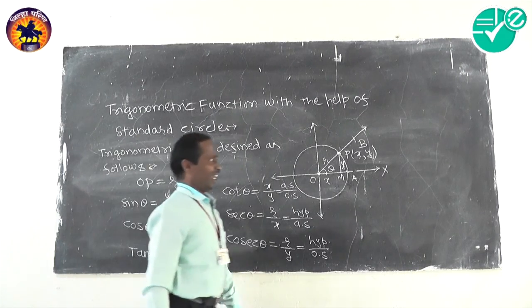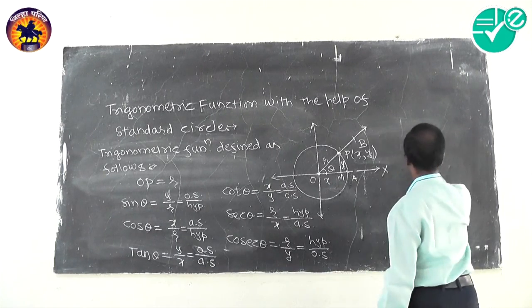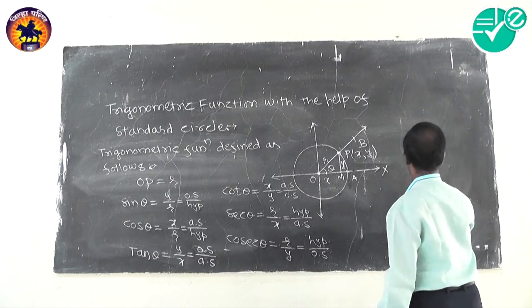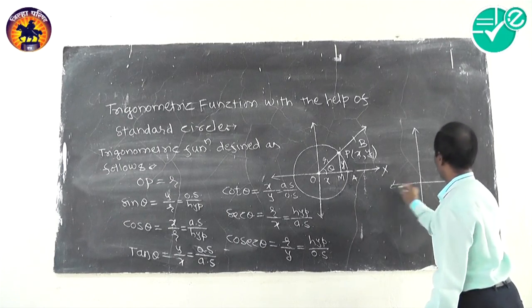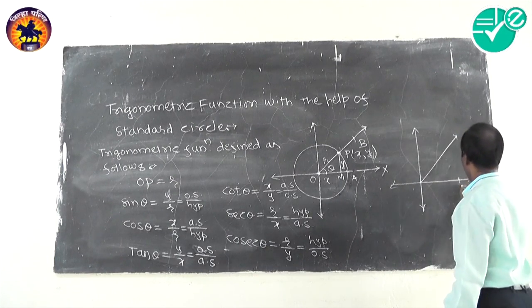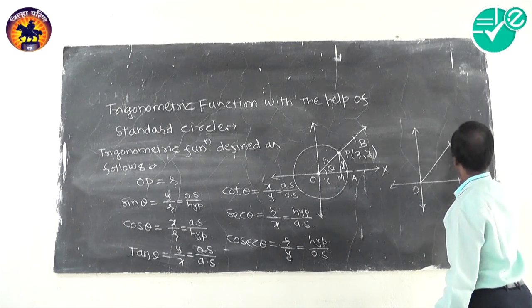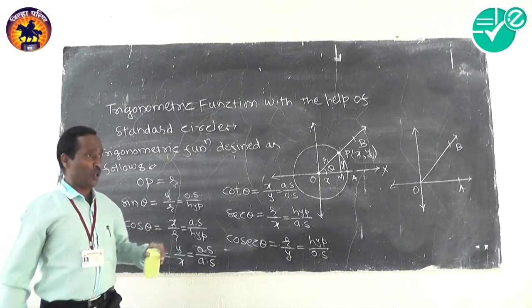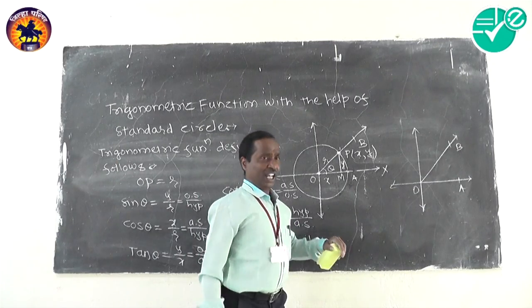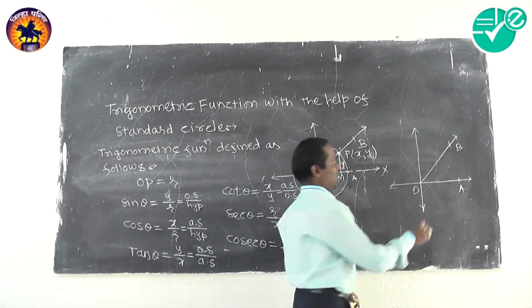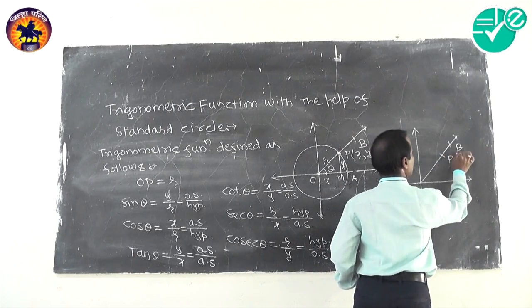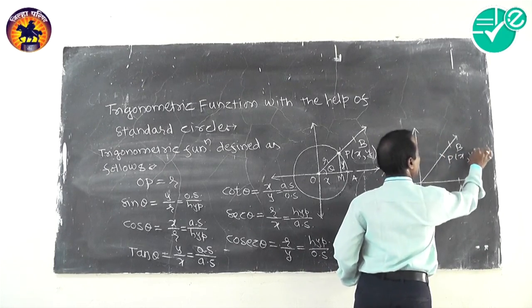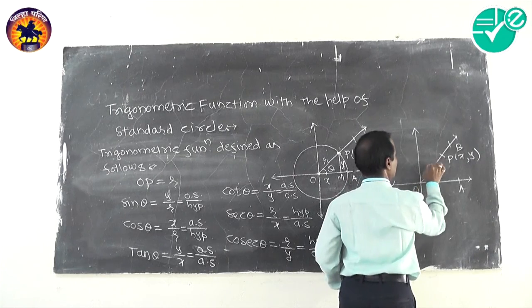Angle in standard position. If we take angle AOB in standard position, then we consider point P(x, y) to be any point on this terminal arm OB whose distance is r.